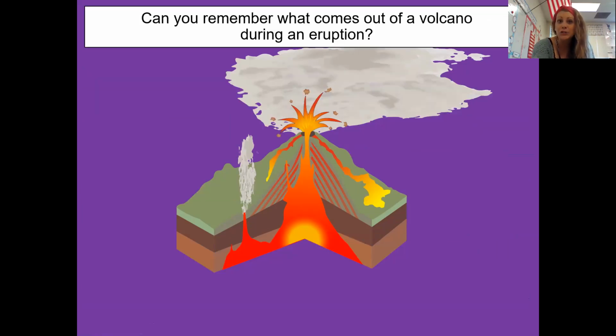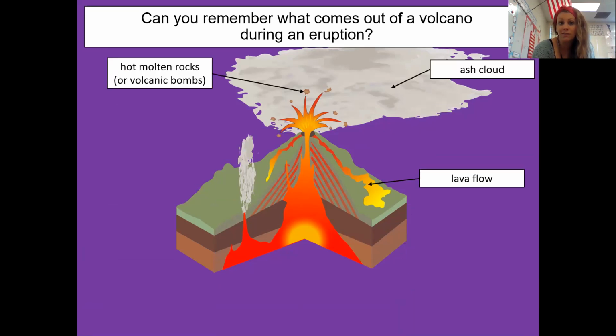All right, guys, so do you think you can remember what comes out of a volcano during an eruption? These are the three things that come out. We've got that hot molten rock or volcanic bombs. This cloud right here. Remember we read about that?